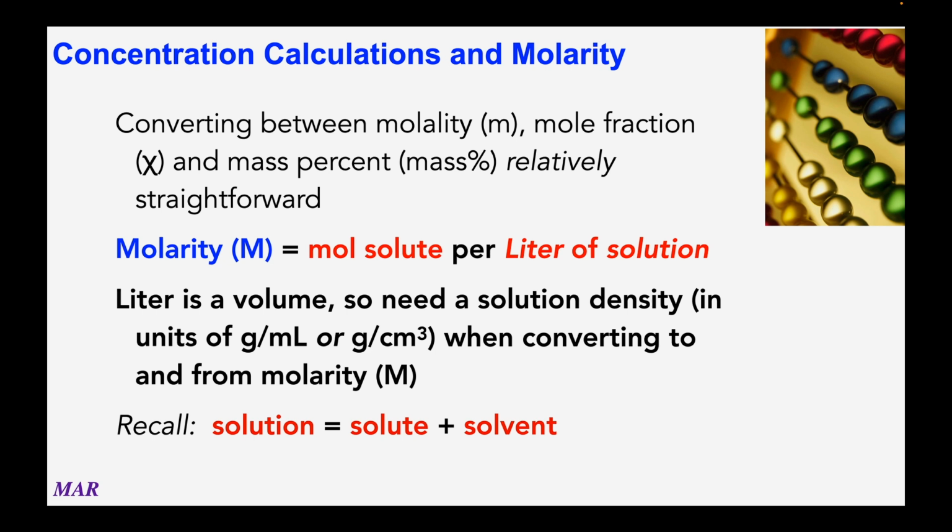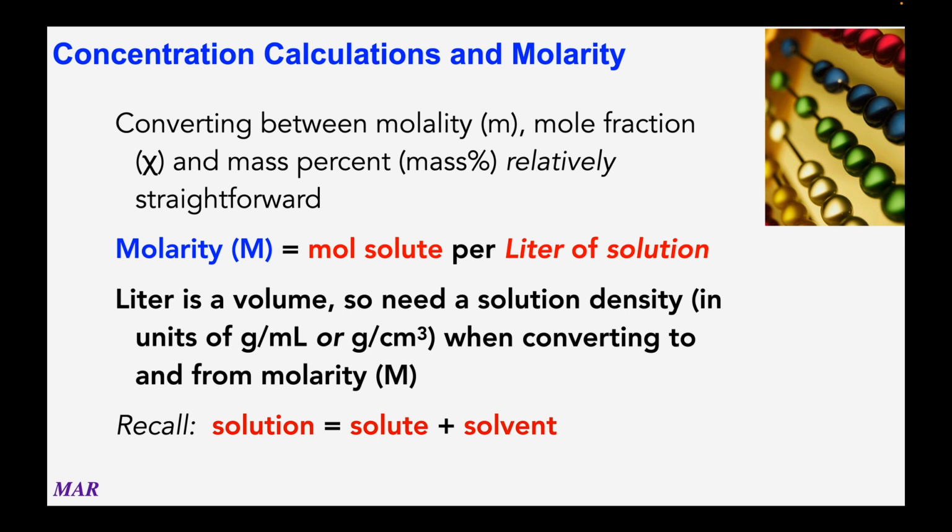So to go from moles or grams specifically into a volume, you're going to need the density of solution, all right? And the solution density will have units of grams per milliliter, grams per centimeter cubed. And recall that a milliliter is equal to a centimeter cubed, so it's no problem.